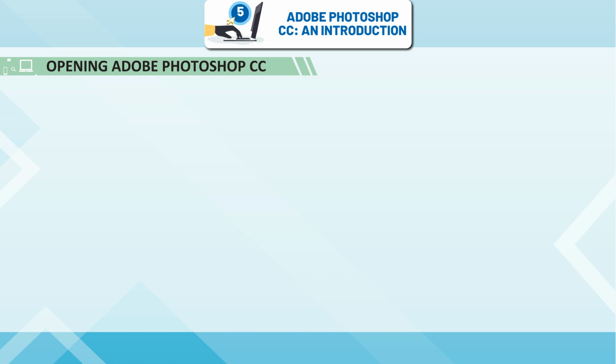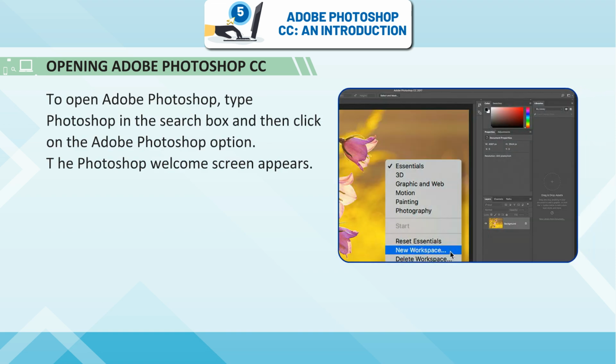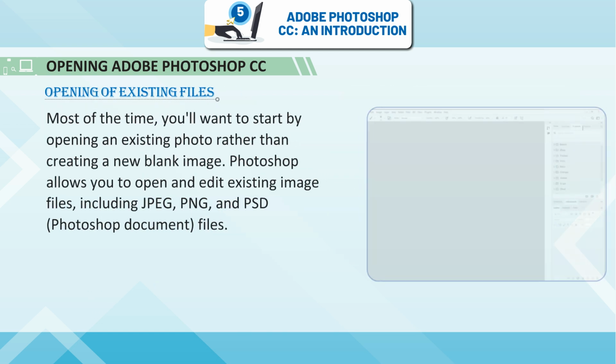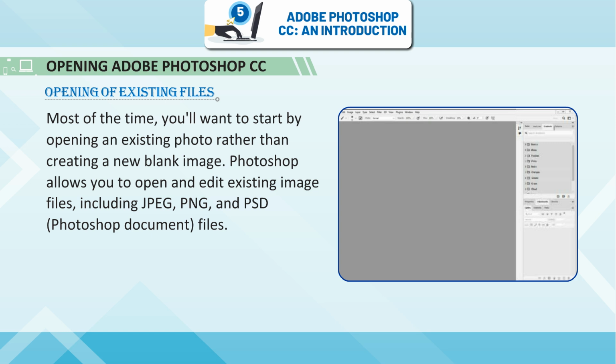Opening Adobe Photoshop CC. To open Adobe Photoshop, type Photoshop in the search box and then click on the Adobe Photoshop option. The Photoshop welcome screen appears. Opening of existing files. Most of the time you will want to start by opening an existing photo rather than creating a new blank image.